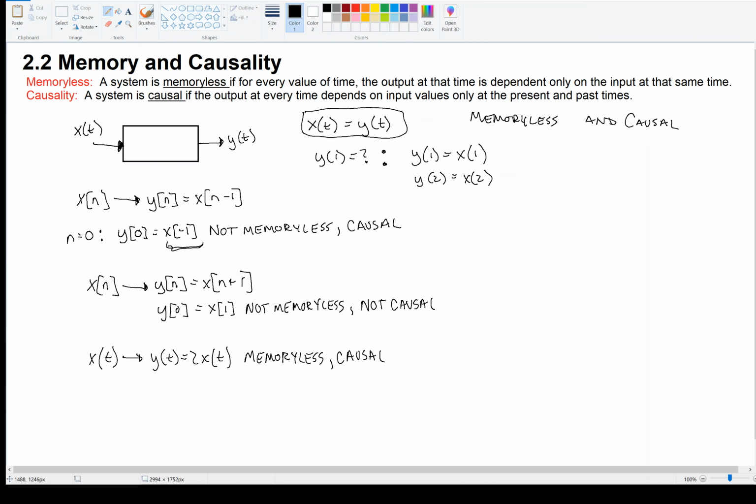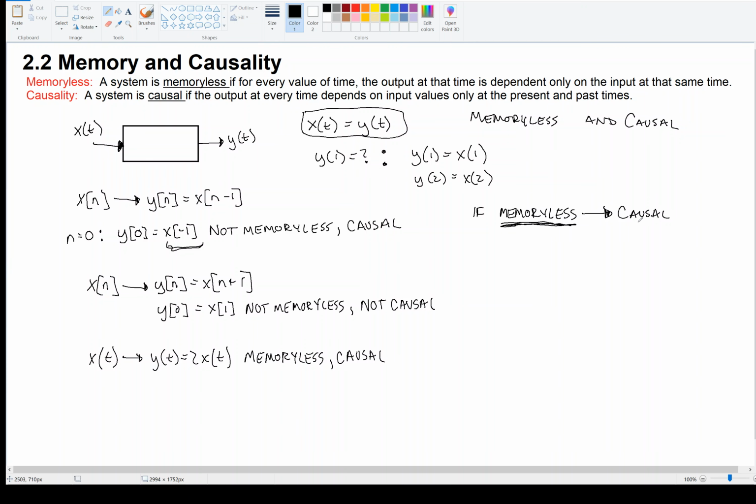So what can you say about the relationship between memoryless and causal? Pause the video if you want to think about it, but the answer is that memoryless implies causality. Because if a system is memoryless, then it only depends on the present values of the input.